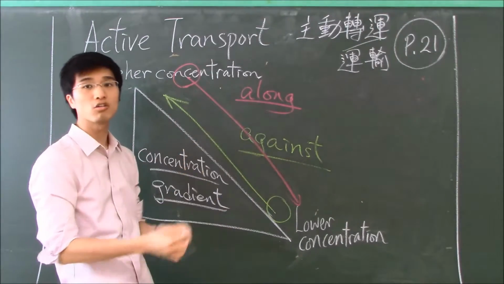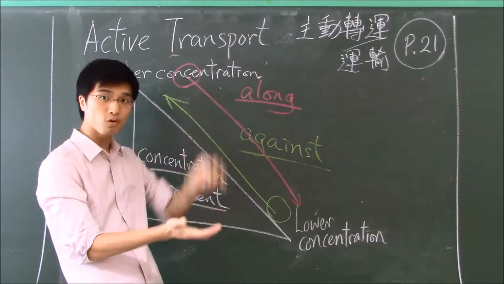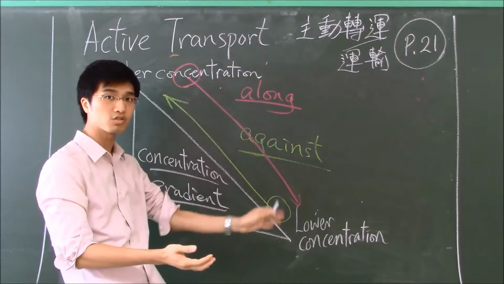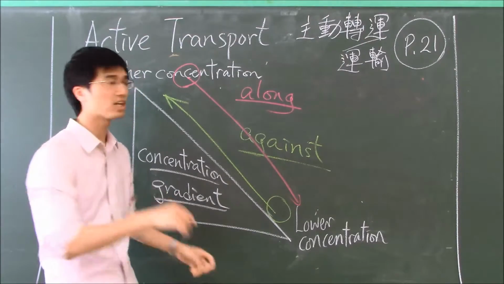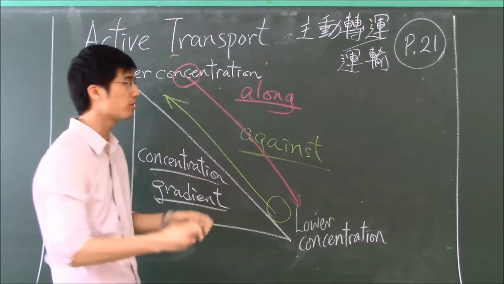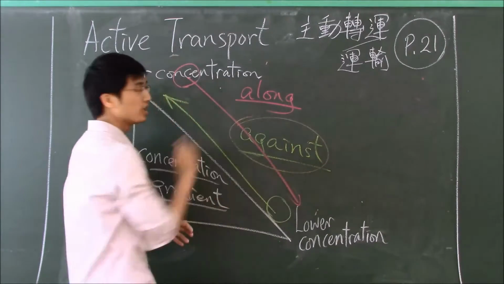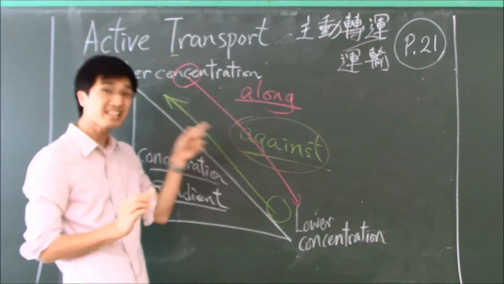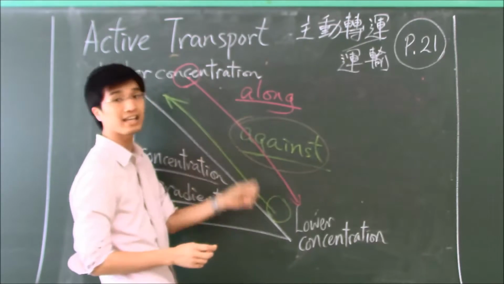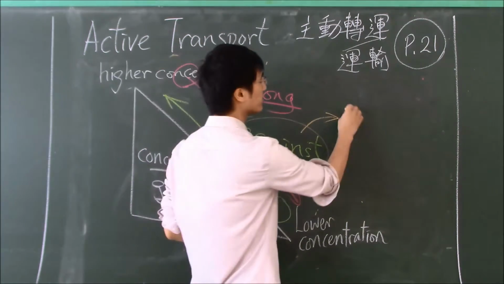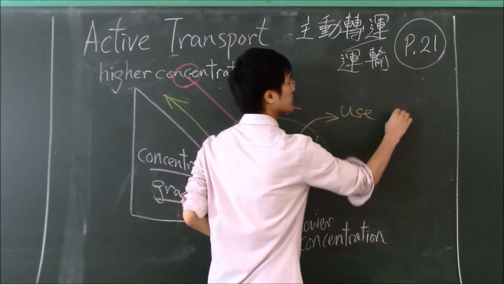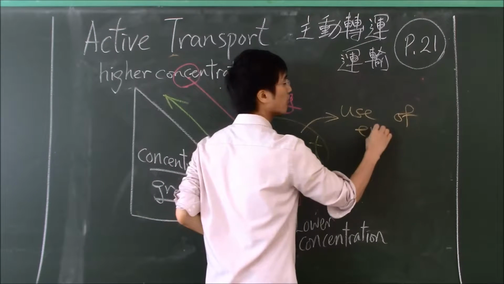But for along, you just release it and it will fall down. It travels along the concentration gradient. At this moment we are talking about this case first, against the concentration gradient. Probably we all understand that there must be the use of energy.